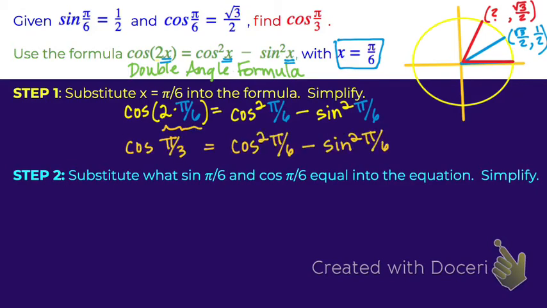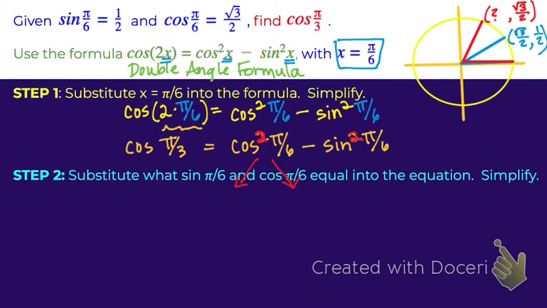Now, before I substitute in what the sine of pi over 6 and the cosine of pi over 6 are into this formula, I'm first going to split up this square. I'm going to split this cosine pi over 6 squared into cosine pi over 6 times cosine of pi over 6, because that's what squaring means.